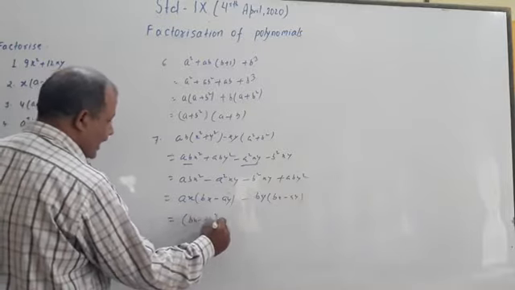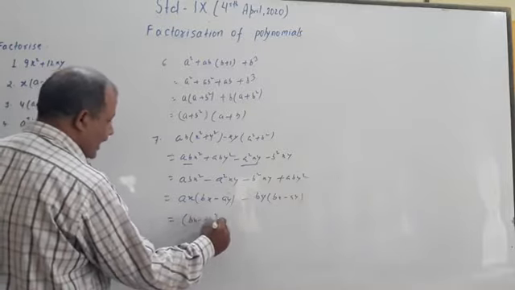Now square of ax plus by plus square of bx minus ay. You already know the two identities, a plus b square and a minus b square. Just by using these two identities, you have to expand these two terms.